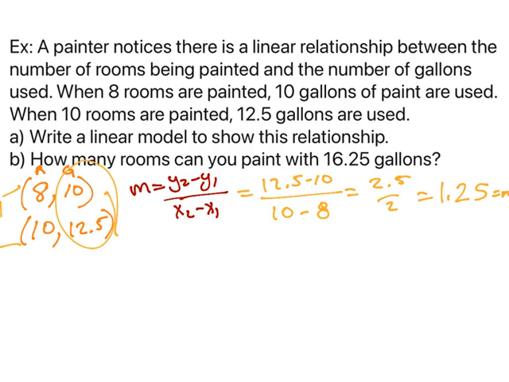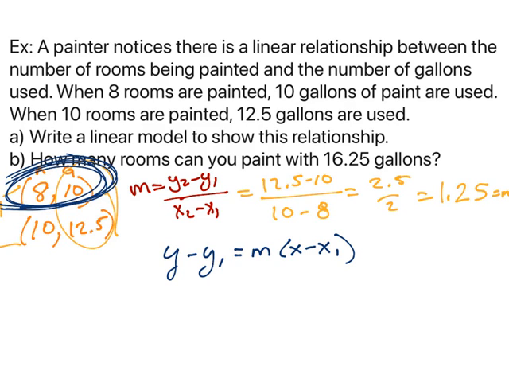There's slope. Now, to find our y-intercept, we're going to need to use an equation, right? And I'm going to use point slope. So y minus y1 equals slope times x minus x1. And I'm going to use the point 8, 10 because there's no decimals in that one. So plug in what we know. Y minus my y value equals my slope, 1.25, times x minus 8, right?